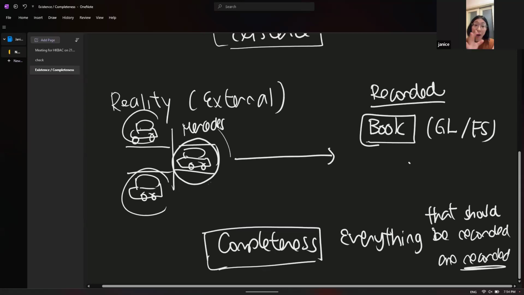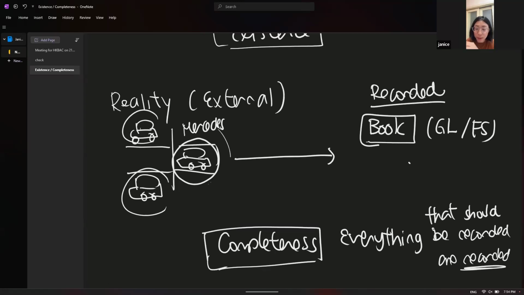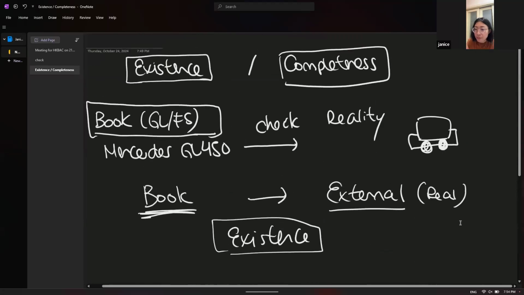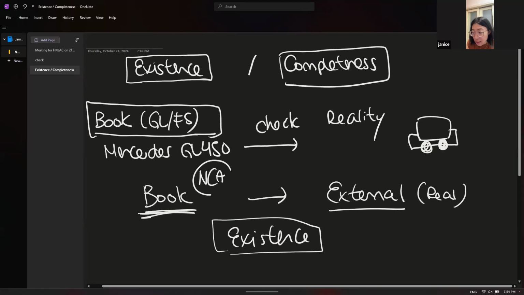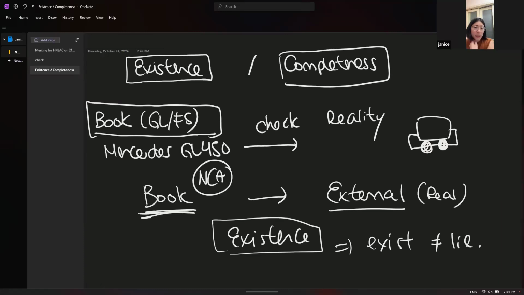So the direction is very important. If we go from the book, from the non-current assets, and trace it to external, to the real item, we're verifying if it exists or not, right? To make sure the client doesn't lie. Do you guys see the difference? This concept is going to be important for us also for inventory.